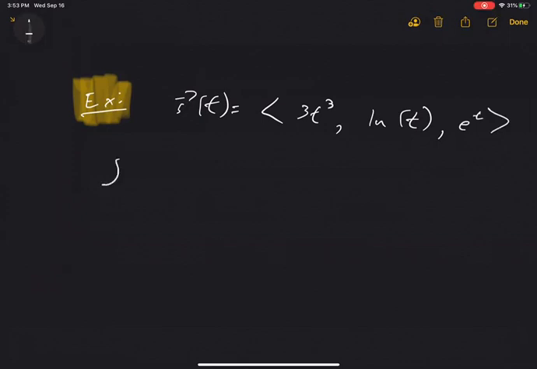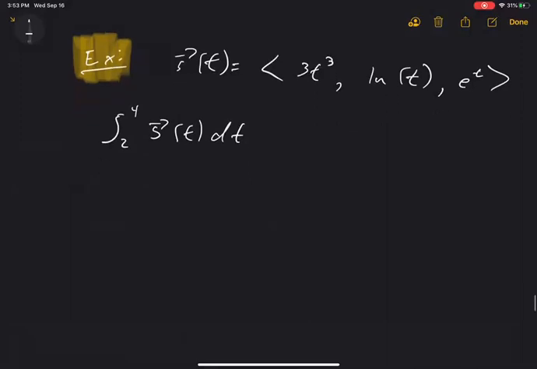What is the integral from 2 to 4 of s of t dt? So pause and do it on your own, and now we can do it together and see if we agree.